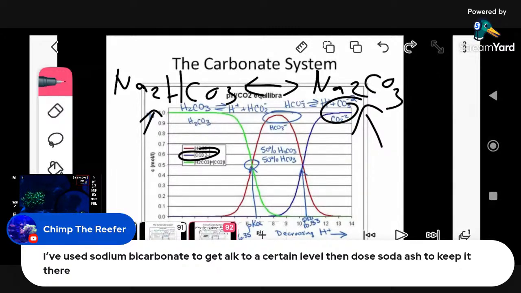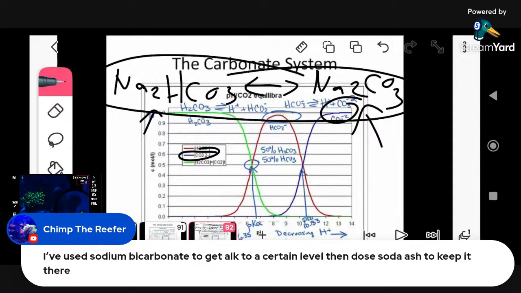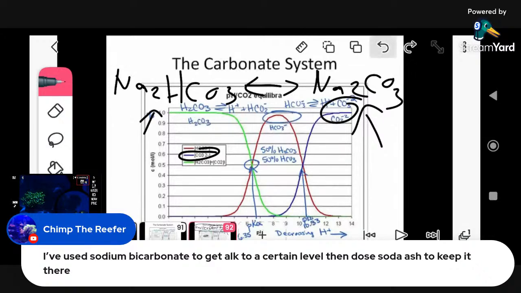This is not the complete equilibrium reaction, guys, and there's more going on in this system, but in this equation, this right here is the base. That's the base form in this equation. And then the base is what again? Baking soda.